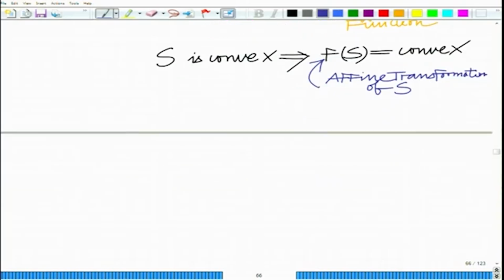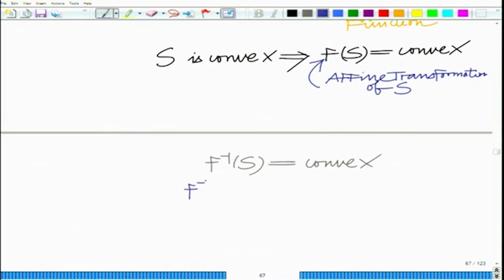Now, interestingly, one can also show that an affine precomposition also results in a convex set. So, what is the meaning of that? That is, if S is convex, then f inverse of S is also convex. Now, what is f inverse of S?